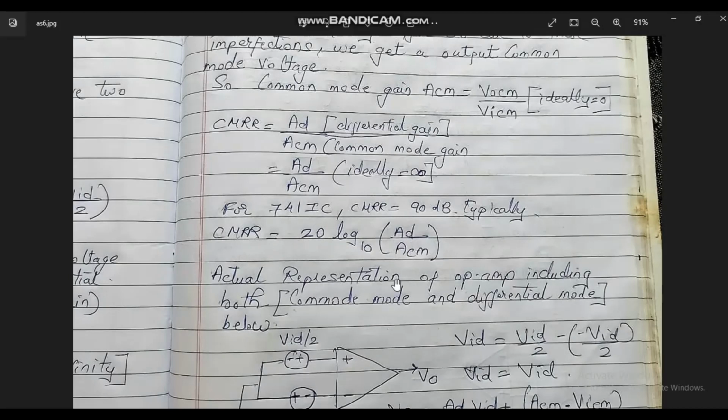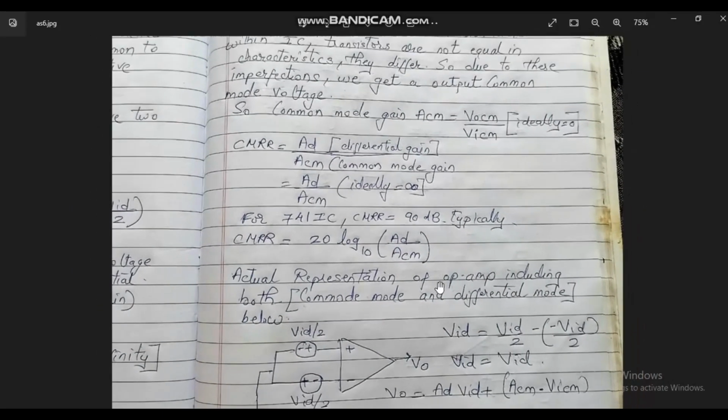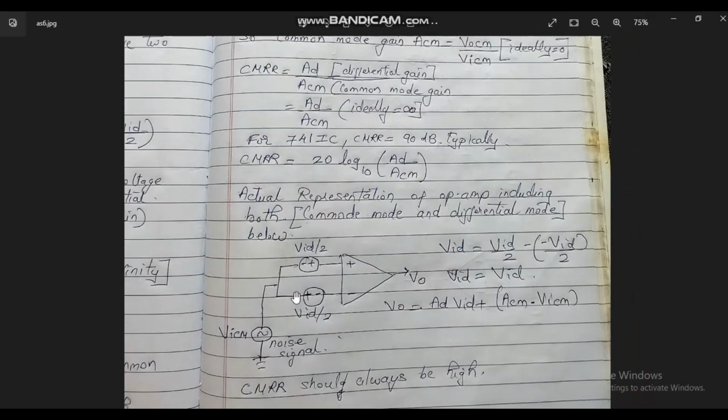The actual representation of an op-amp including both common mode and differential mode is shown below. If they were separately shown, common mode and differential, here we will integrate both to show how it looks. See, this is VID by 2, plus, and this is minus VID by 2.